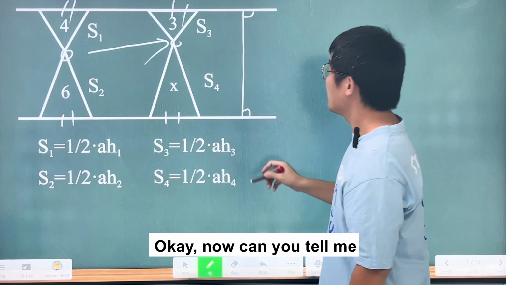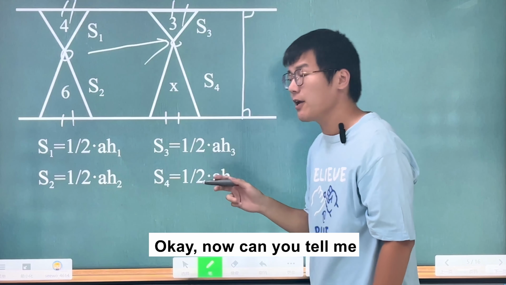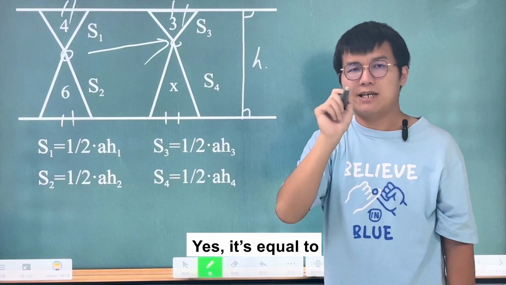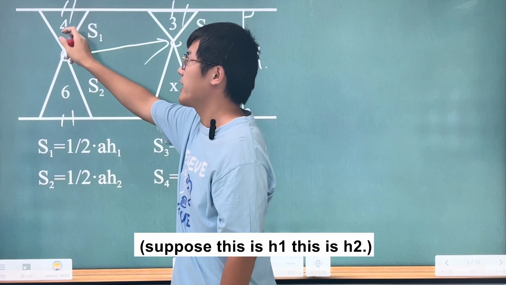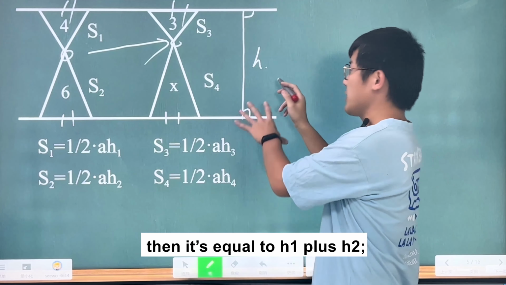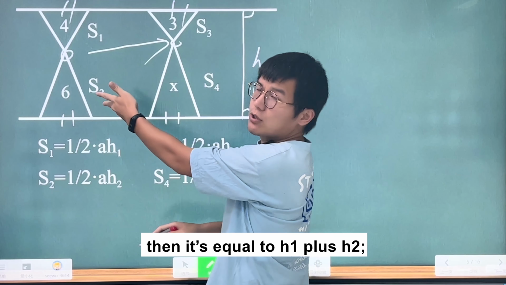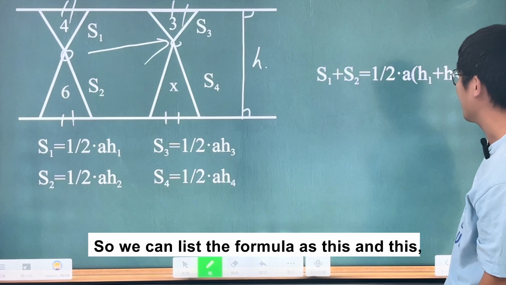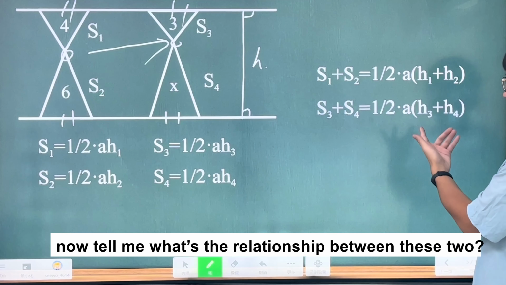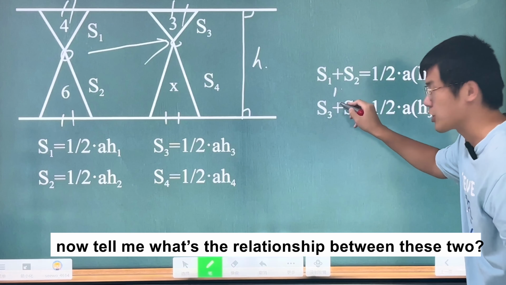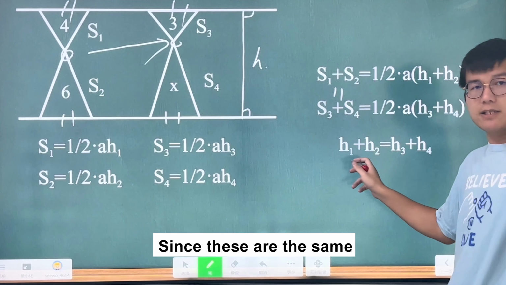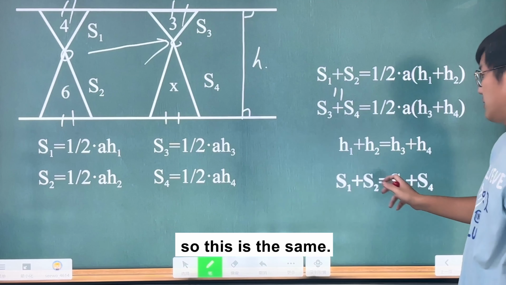Now can you tell me, suppose this is h, what is h equal to? Yes, suppose this is h1, this is h2, then it's equal to h1 plus h2 and h3 plus h4. So we can list the formula as this and this. Now tell me, what's the relationship between these 2? Yes, very good. Since these are the same, so this is the same.